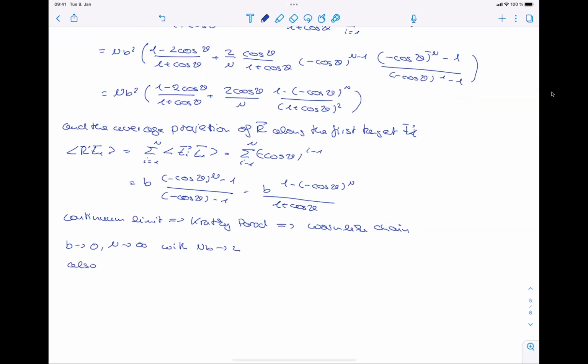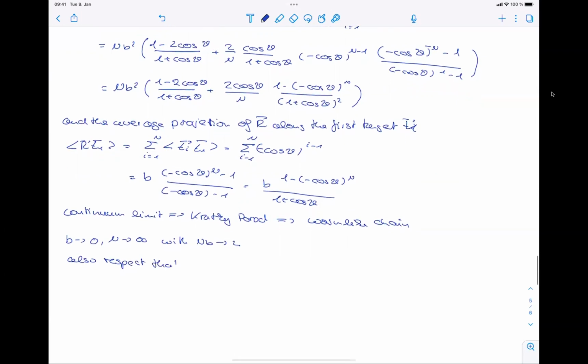Also, we respect that the polymer contour is locally almost straight, which states that this theta is closer to pi.